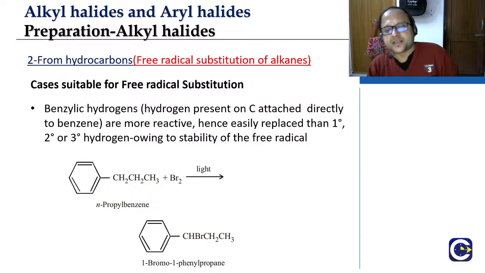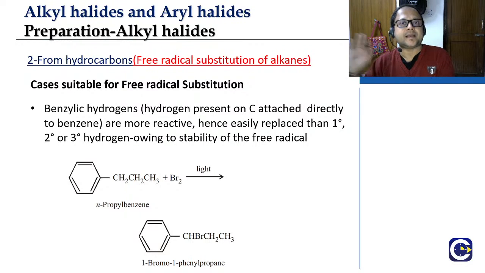Okay, as we discussed in case of benzylic, I just discussed it a few moments back. Benzylic is always more stable than any other type of free radical because of its resonance, right? Aromatic resonance here.